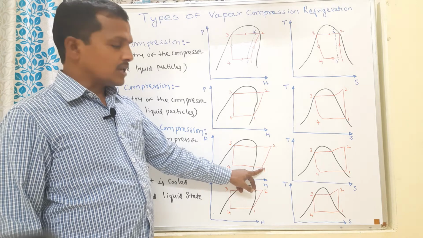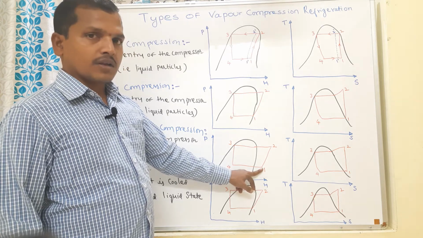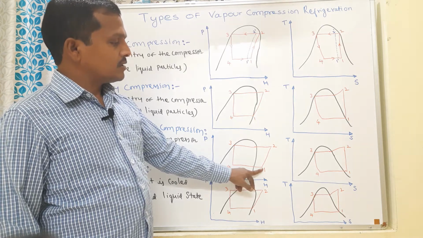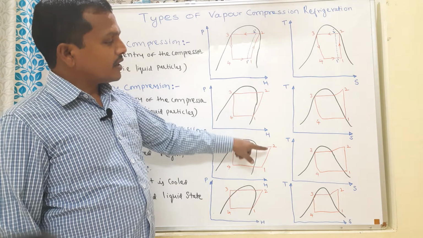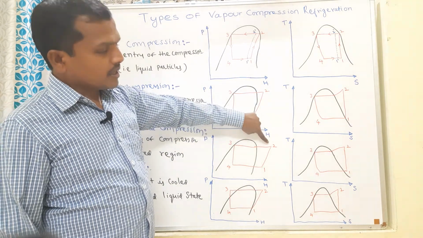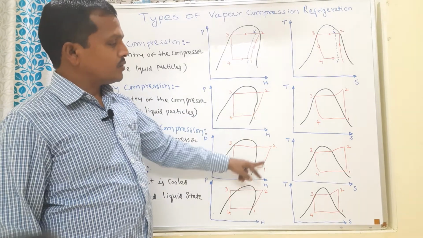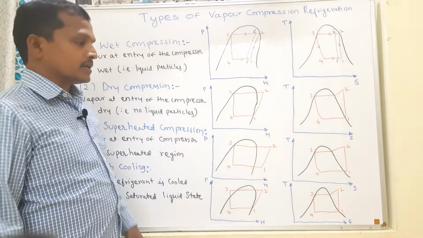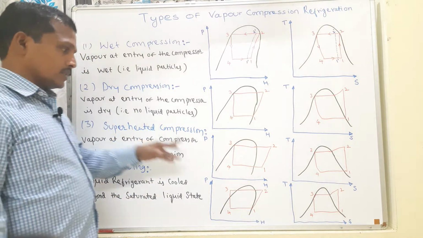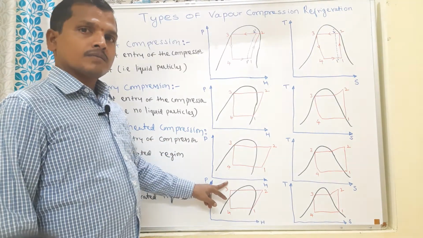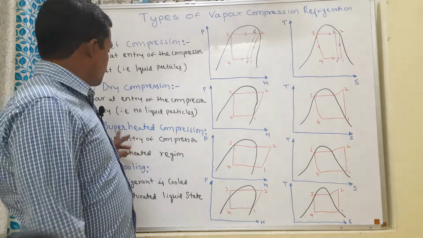So with this condition, the refrigerant enters into the compressor. At the exit of the compressor, this is the condition. So 1 to 2 is the superheated condition. This is the pH diagram for superheated compression.